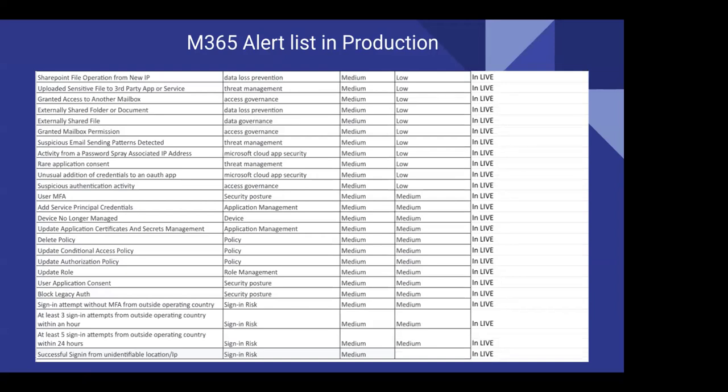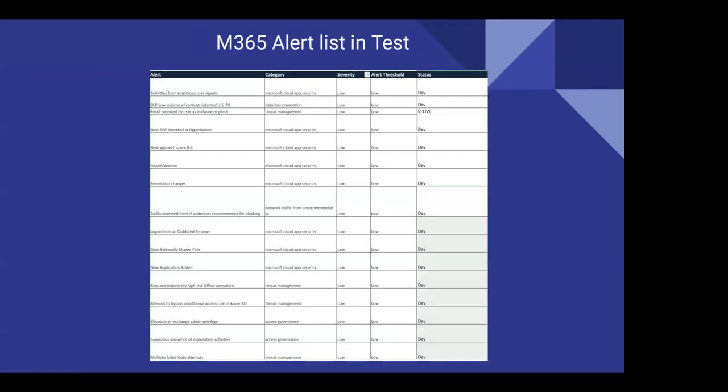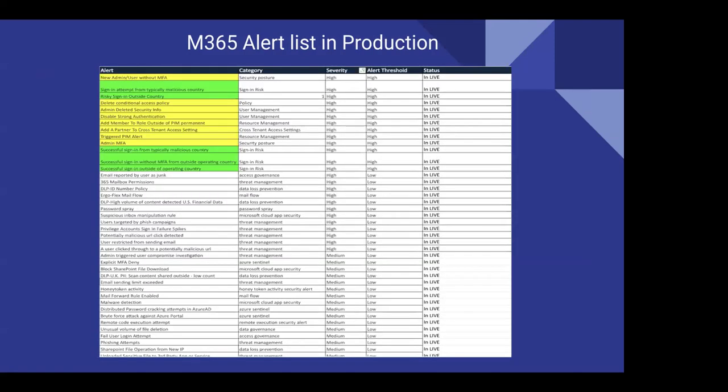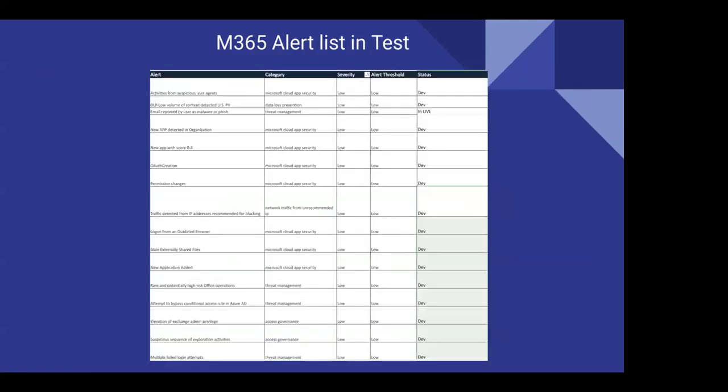So we are almost close to about 100 alerting mechanisms that we have today. We have also done some of the lows, but roughly 25 to 30 lows are pending and currently in test. Other than that, we have a good list of alerts in production with high and medium severity.